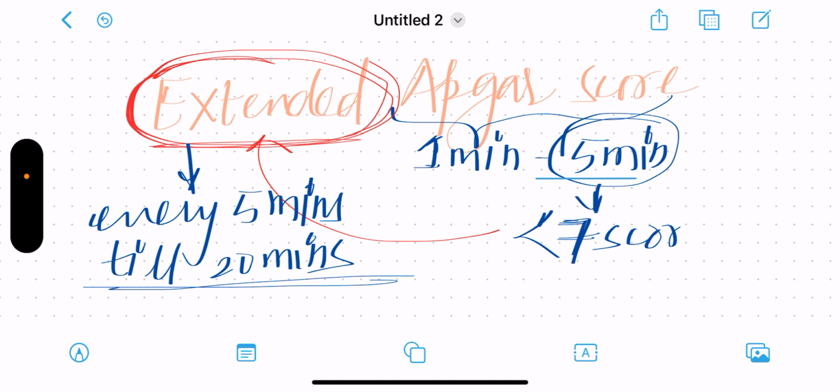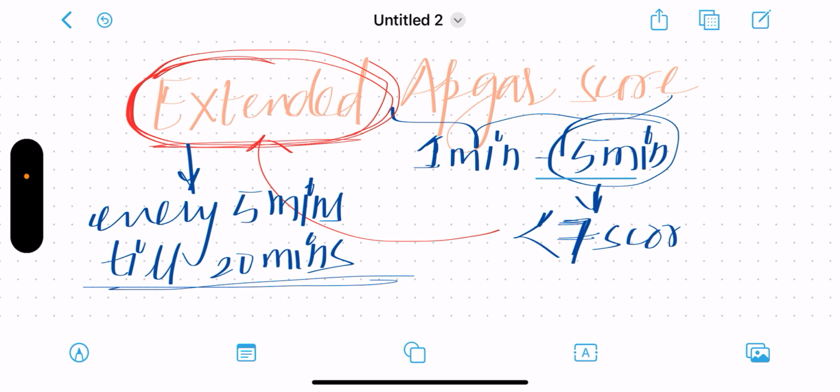That means after those 5 minutes, we perform the APGAR score every 5 minutes until 20 minutes. This is called the extended APGAR score. It is not routinely done. It is only done when the child has a score of less than 7 at 5 minutes after birth.